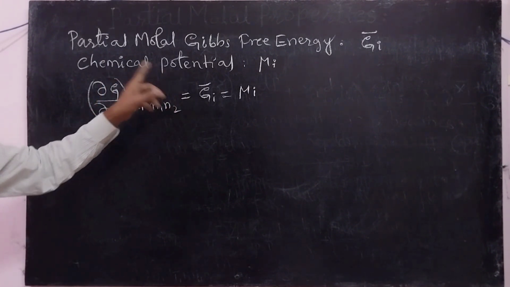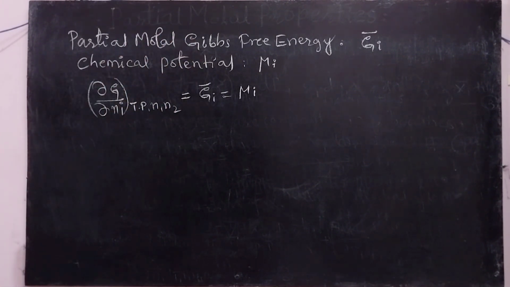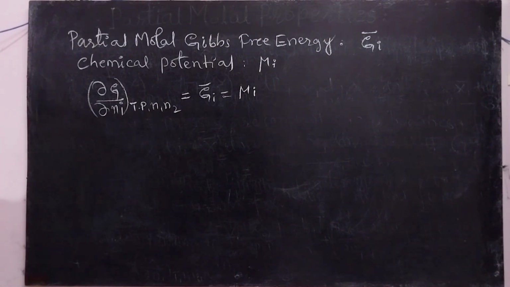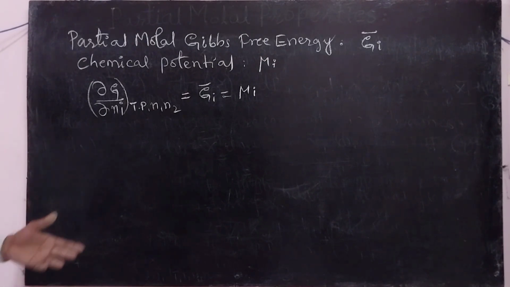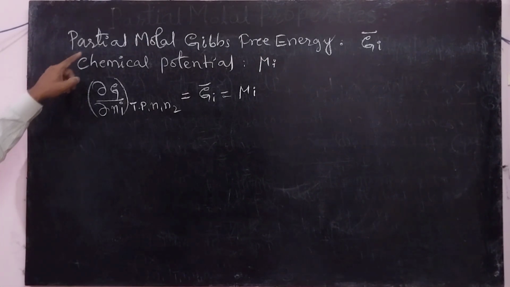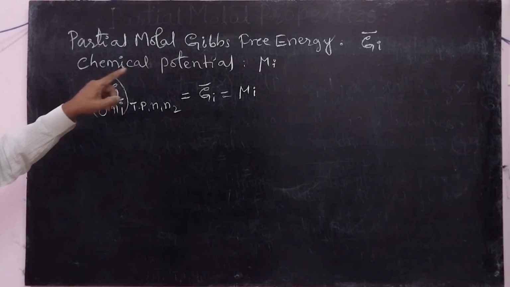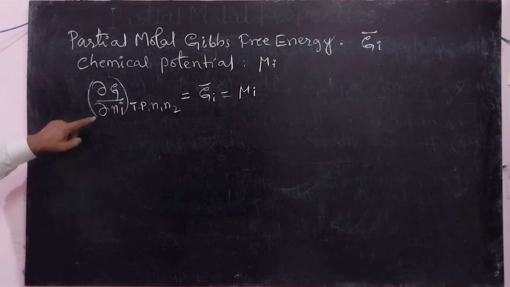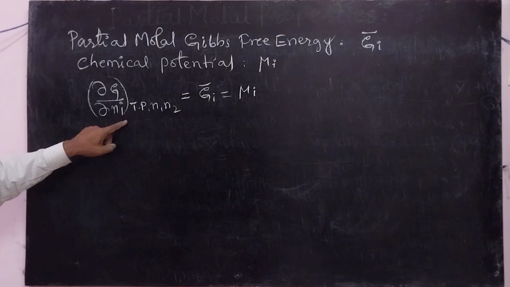The chemical potential is then defined as the ratio of the change in free energy to the change in the number of moles of the ith component.